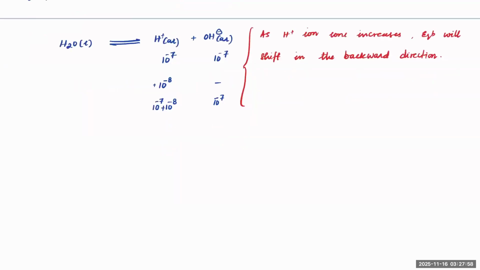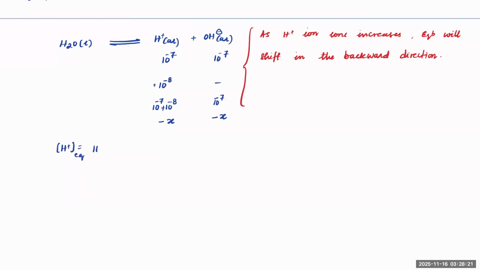So imagine if it moves in the backward direction, what would happen? That means out of this, some X amount will be lost from here. Out of this, some X amount will be lost. So what is the H plus ion concentration at equilibrium now?